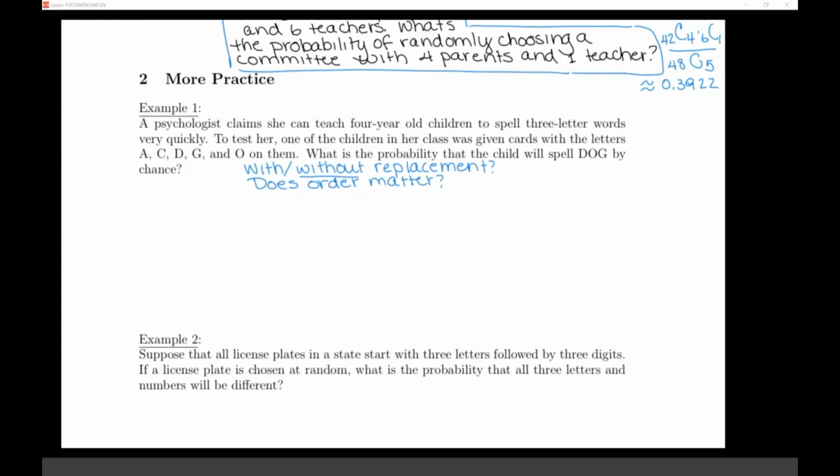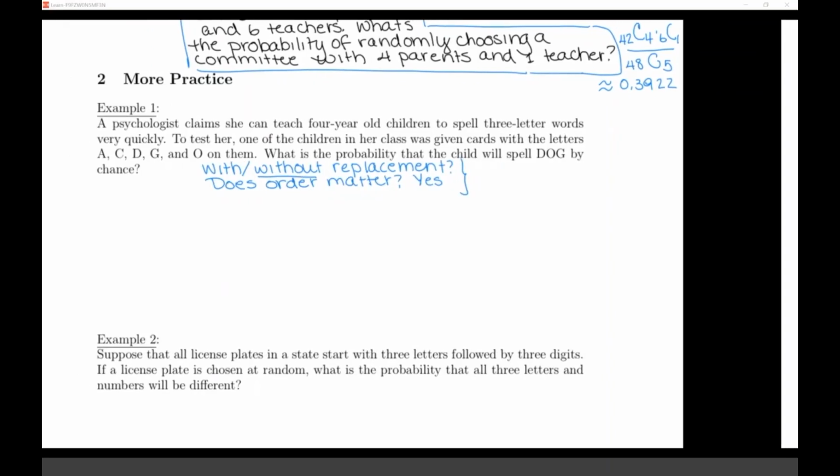If the child spells G-O-D instead of D-O-G, we're not going to give him credit for spelling dog because that's a different word. So in words, order does matter. So we're choosing without replacement and order does matter. That means we need to count with permutations. Okay, everybody see how I picked that?